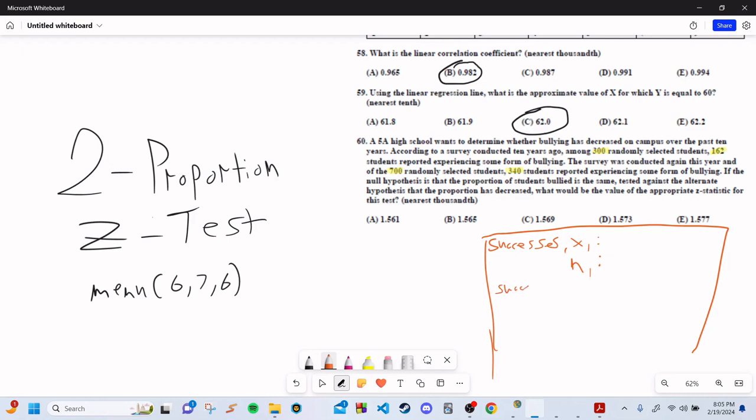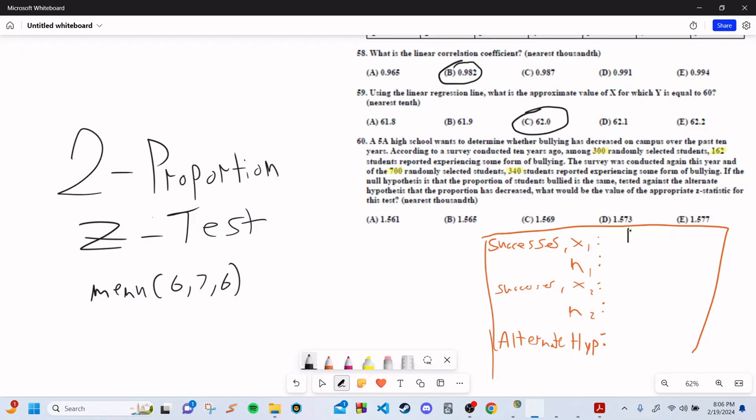And then successes x2 and n2. And then the alternate hypothesis. And so we can fill all this information in.